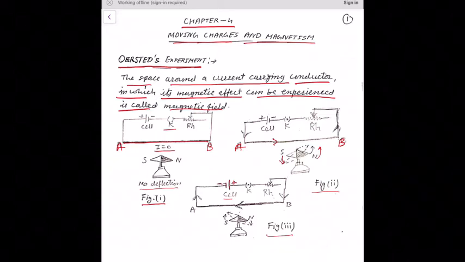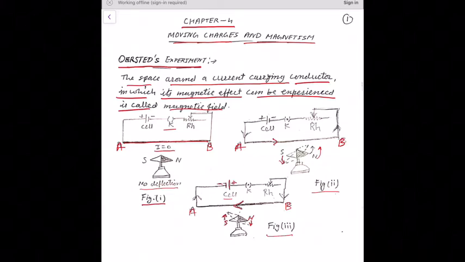It means when we change the direction of current, current flows from B to A. So in this condition S pole is in upward direction and N pole in downward direction. So it shows that there is always a magnetic field around the wire when current flows in the wire.